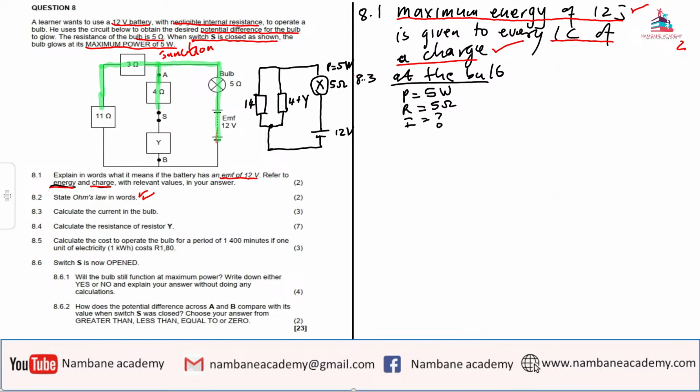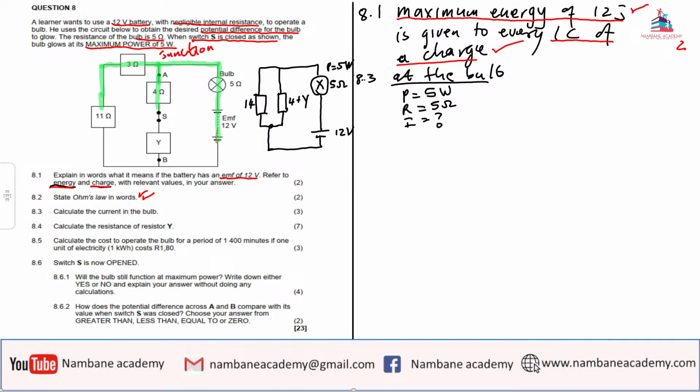So, if this is the information we have, most of you used Ohm's law. Yes, you will be tempted to use Ohm's law because now you have R, you have the 12V. The 12V, ladies and gentlemen, is not for the bulb, sorry. The 12V is not for the 14 ohm or the 4 plus Y resistor.